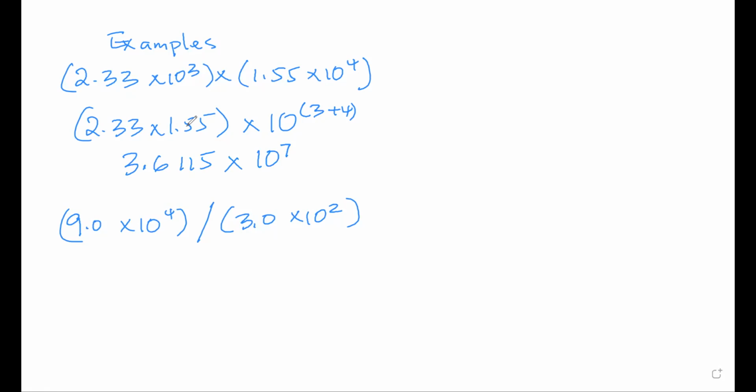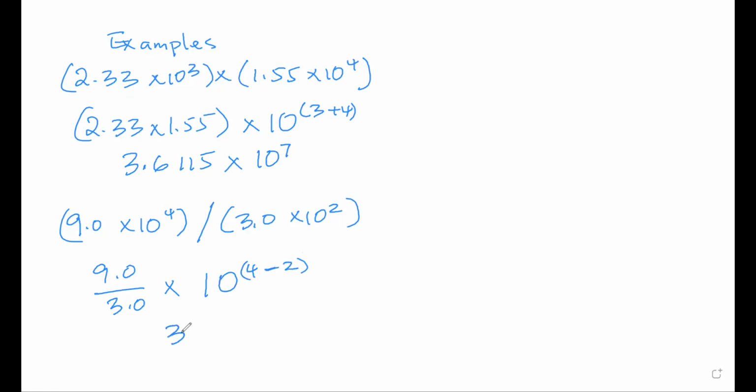And then for division, the same thing. The exponents can be different. That's okay. So we have 9 divided by 3.0 times 10 to 4 minus 2.